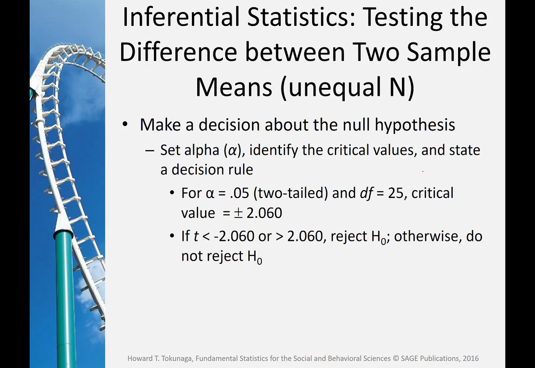We need the 25 degrees of freedom to figure out what the appropriate critical value is. 25 is still under 30, still on our t-table. 2.060 according to the middle column. So that's going to be our critical value, 2.060. If it's greater than 2.060, then we are saying that it is a very low probability, less than 5%, that you would observe this difference in the sample when there is no difference in the population.